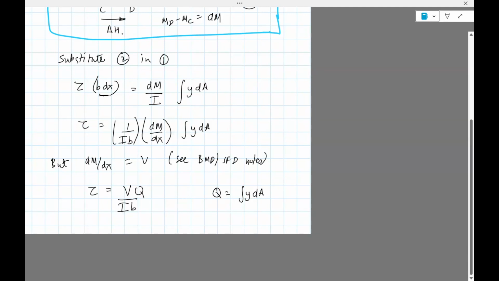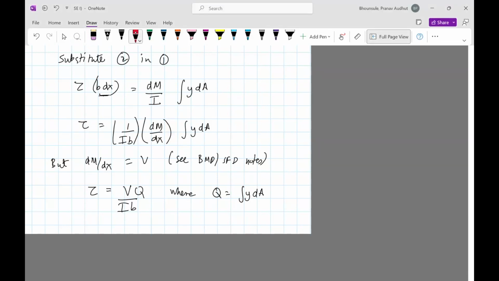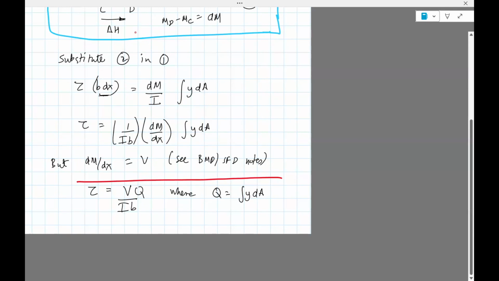That's the, so to say, famous shear stress formula for a beam. The shear stress is proportional to the shear force V. There's Q. Q is basically y dA, and then we have I B.